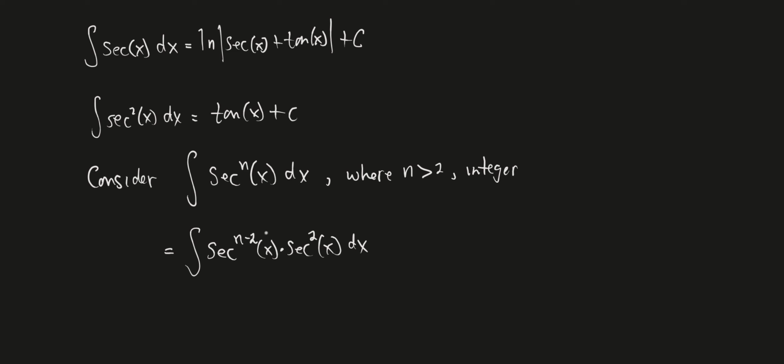And I'm writing this special factor off to the side. Again, we can see that this product is equal to secant to the n. Why? Because if we multiply these two and add the powers, n minus 2 plus 2 will be equal to n. Again, it seems like a strange thing to do. The next thing is going to seem even stranger.